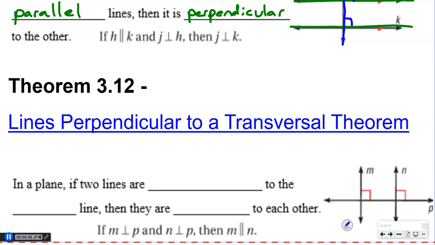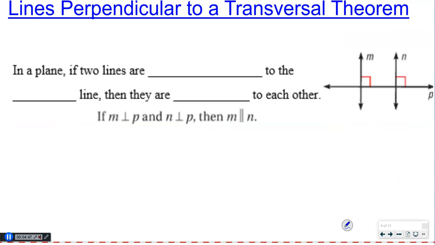Theorem 3.12, lines perpendicular to a transversal theorem, states in a plane, if two lines are perpendicular to the same line, then they are parallel to each other.